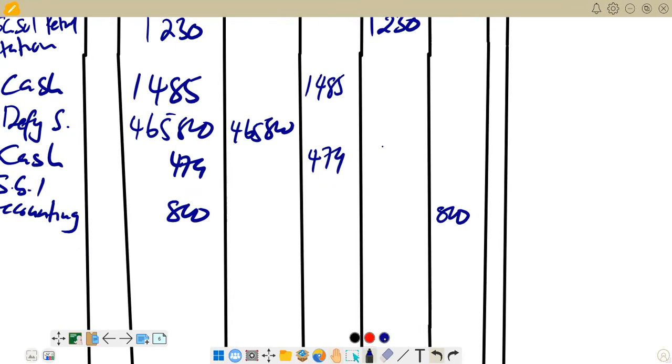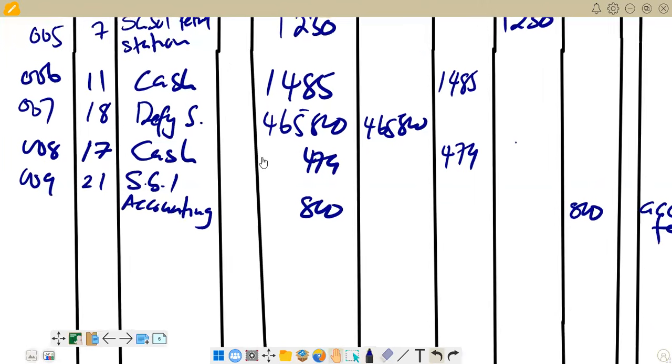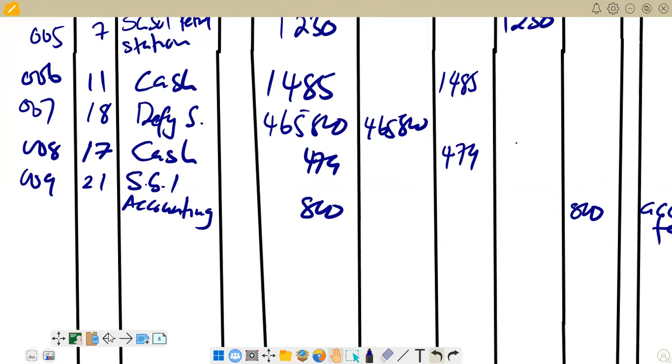And remember, these are accounting fees. So we are just summarizing there that they are accounting fees. So this is what we have in terms of this entry under the cash payment journal. So we can go there and see what we have next.